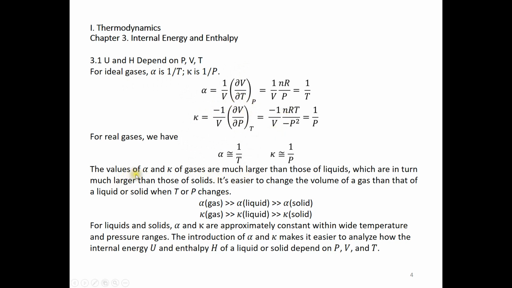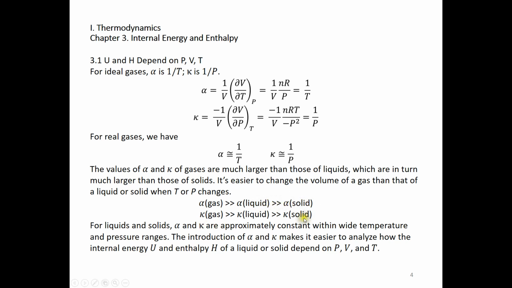The values of alpha and kappa of gases are much larger than those of liquids and solids, simply because it's easier to change the volume of a gas than to change the volume of a liquid or a solid. Therefore, the alpha of a gas is much greater than the alpha of a liquid. And also, the alpha of a liquid is greater than the alpha of a solid.